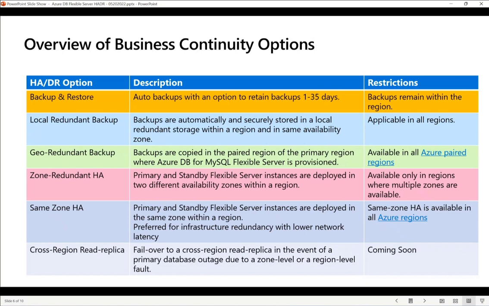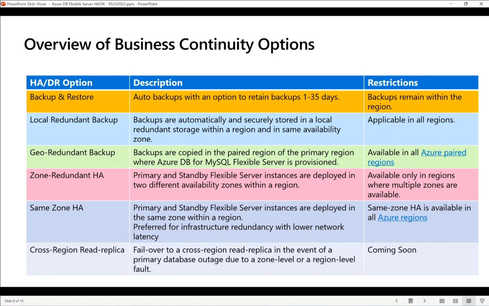No, you're absolutely right, Brian. If you have a cross-region read replica, when we have this functionality available, there are 2 factors which can impact your replication lag. One is the region you're replicating to, because there is a network latency between these different regions. And second is the activity on your database instance. If it's an extremely heavy write application, that will also affect the replication lag between your primary and the read replica instances.